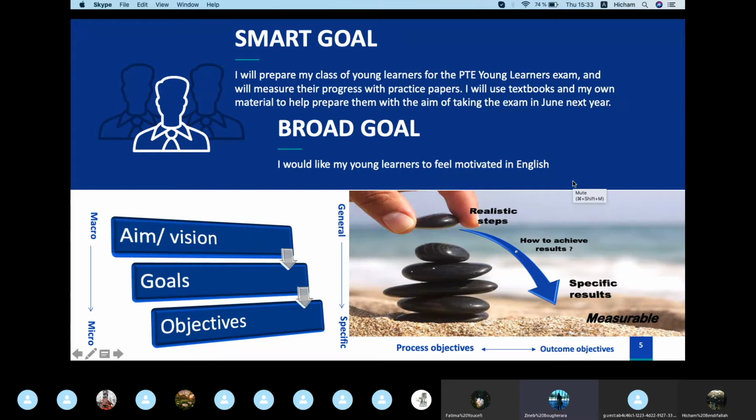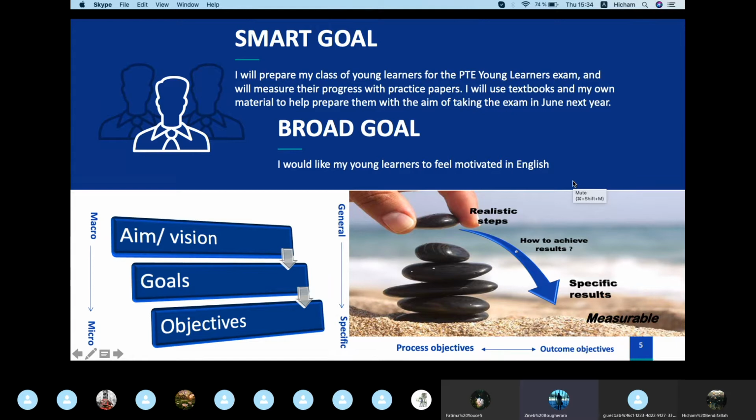Relating to what Hicham has already presented, we can deduce that goals are fundamentally related to performance and productivity. And I think that the best way to demonstrate the notion of goal or SMART goal setting is the following statement. If you don't know where you are going, how are you going to know when you get there?